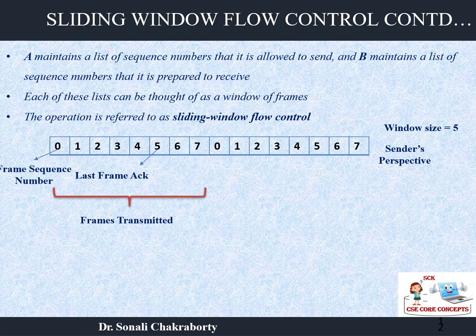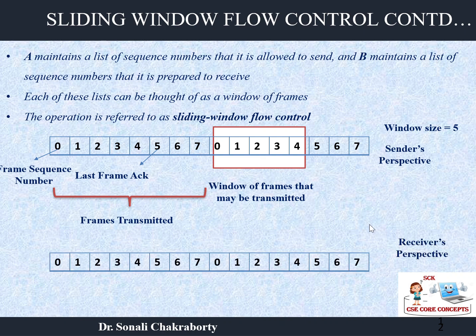The frames 0 to 7 are right now transmitted in two batches. Now the receiver has a window size of 5, so it has received 5 frames, starting with 0, 1, 2, 3 and 4. This is the sender's perspective.